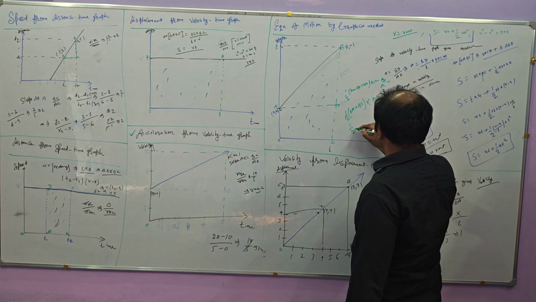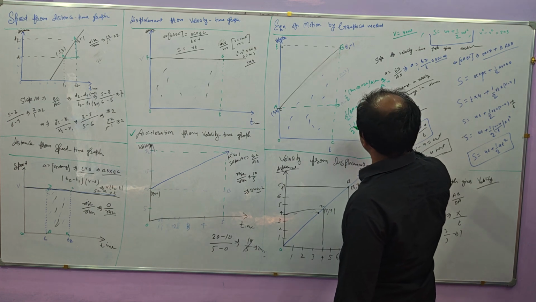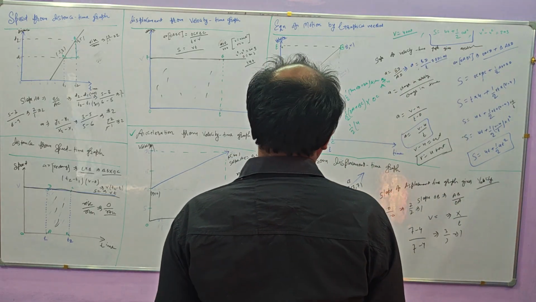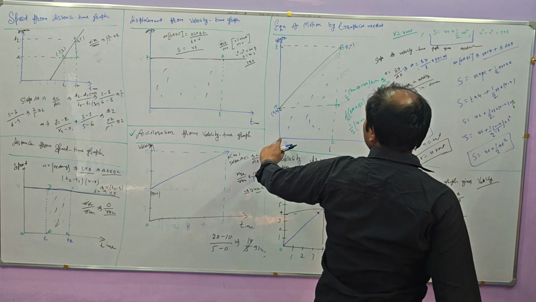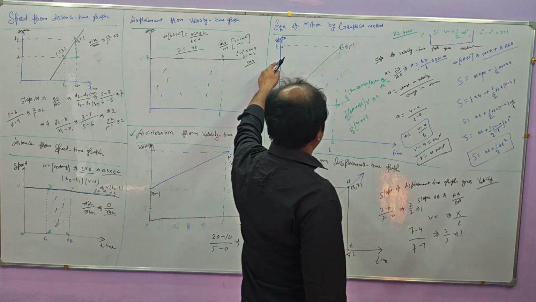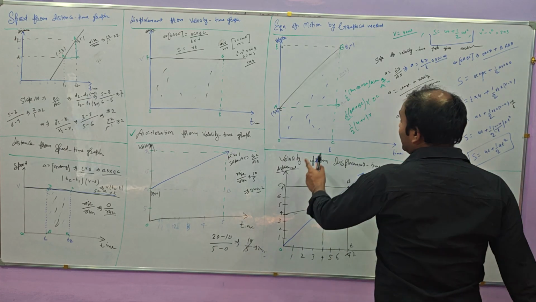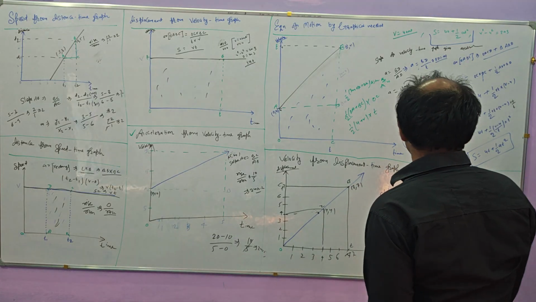OA is equal to what? U, and BC is equal to V minus 0, that is V, into OC, which is T. And we know T is equal to what?